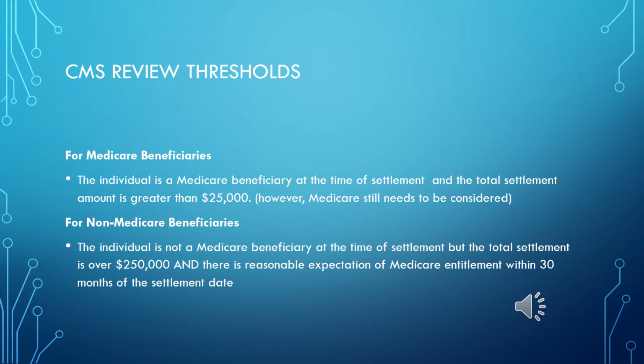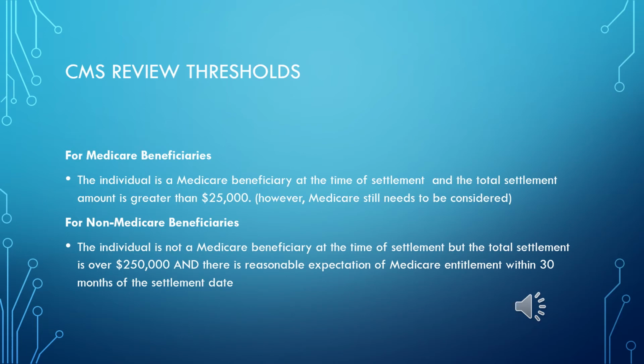Okay. The individual is a Medicare beneficiary at the time of settlement, and the total settlement amount is greater than $25,000. Okay. Medicare does need to be considered in those circumstances.